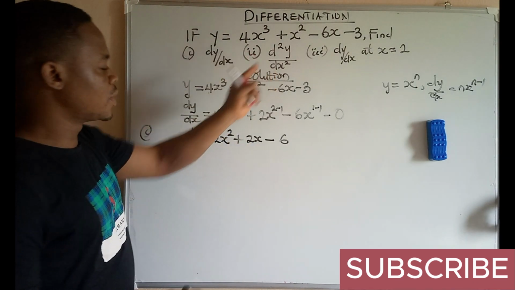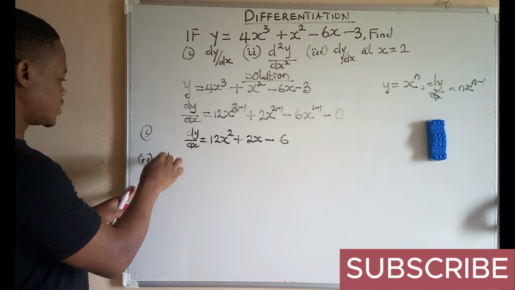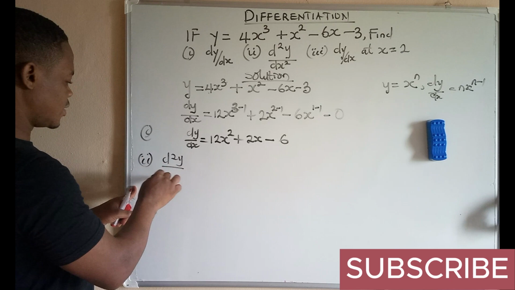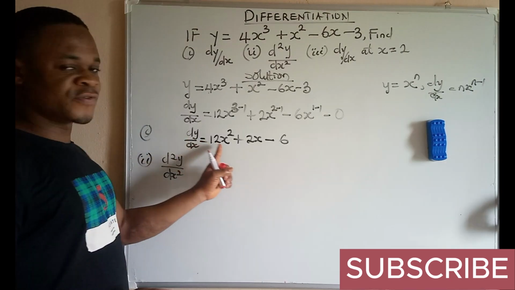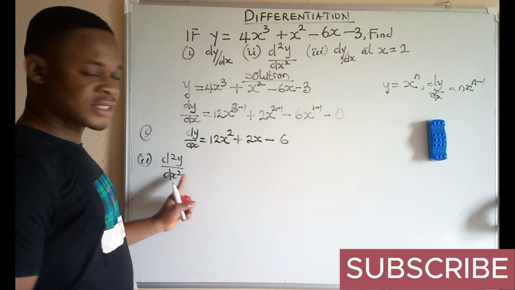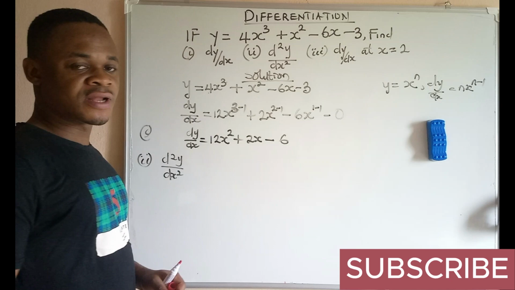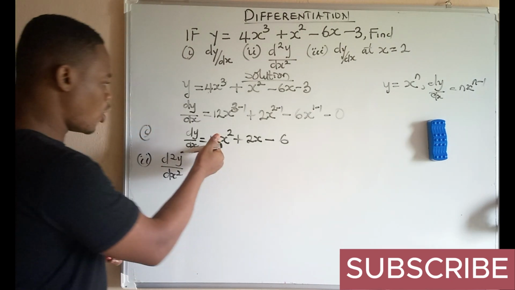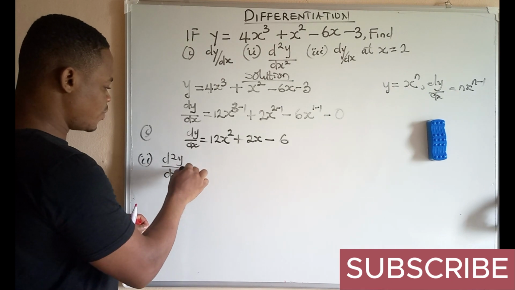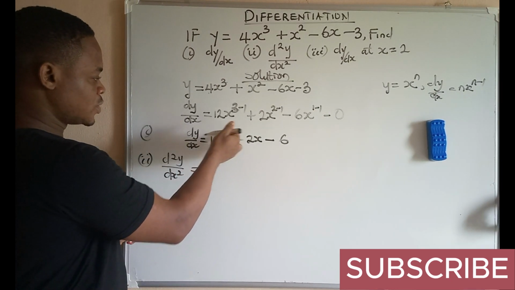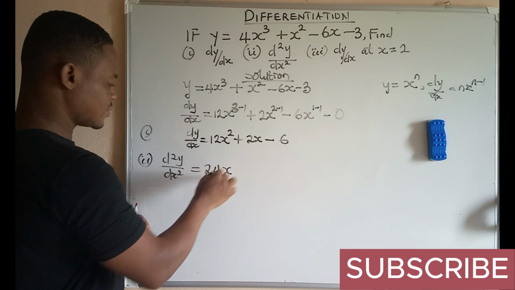Now to find the second one, which is d²y/dx², what it means is that you need to differentiate this function again in order to get this value. That is the second derivative of a particular function. So all we need to do is differentiate this function again, and this should be equal to 2 times 12, which will give me 24x.